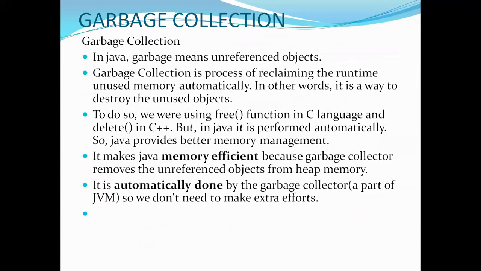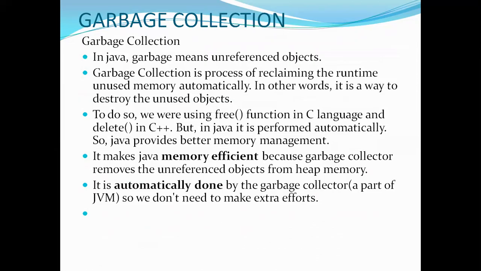What is garbage collection? Garbage collection deals with unreferenced objects, that is, the objects which are not referred to anymore. Garbage collection is a process of reclaiming, that is, reusing the memory automatically. In other words, garbage collection is used to destroy the unused objects.